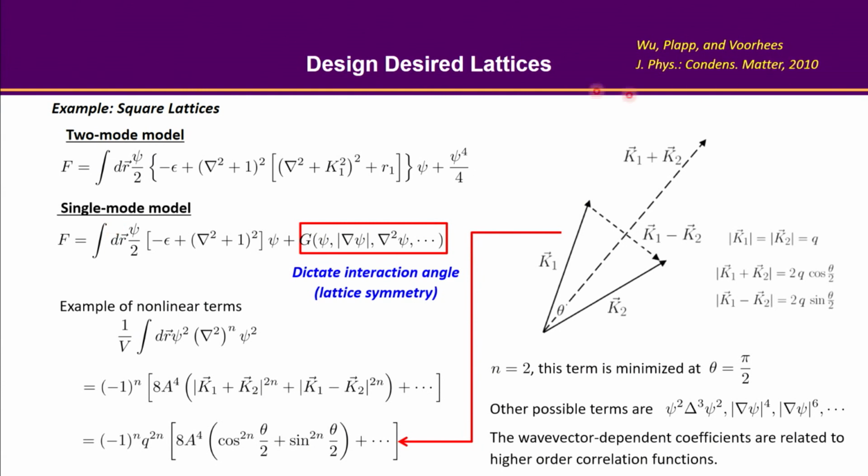So in this 2010 paper, we actually considered a combination of nonlinearities, but the concept is quite similar. Just one comment on this calculation is that you will start to pick up terms in the free energy that depend on the orientation of those k vectors.